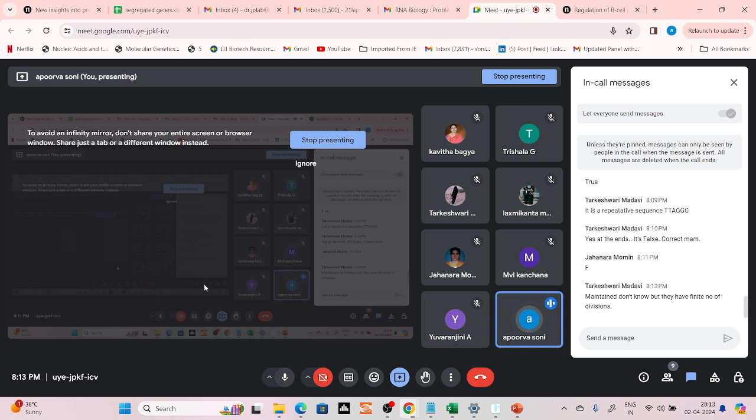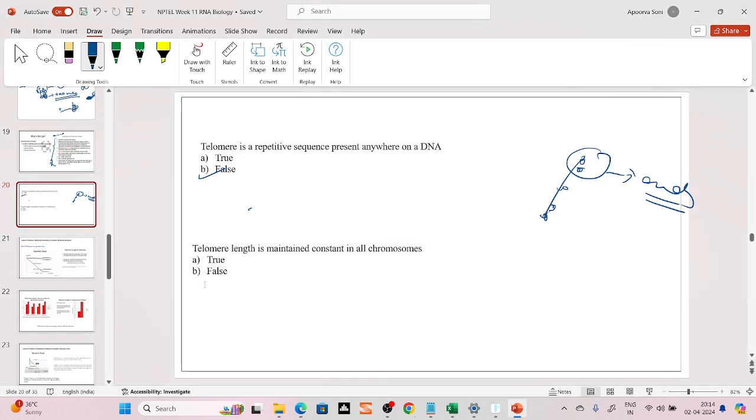Okay, so Madhvi has said maintained, don't know, but they have a finite number of divisions. Okay, fine. I understood what you're trying to say. So the answer is false. Why? Because see, telomere length is maintained constant in all chromosomes.